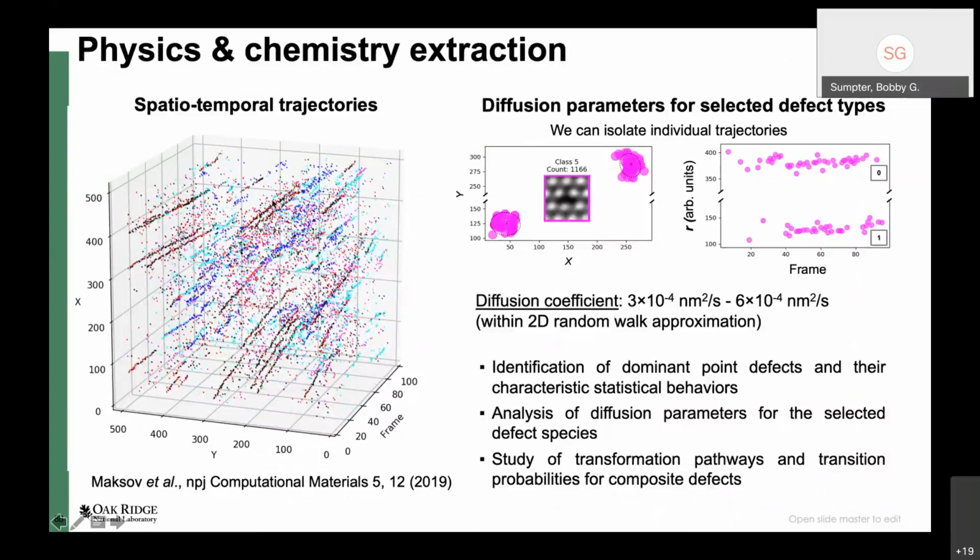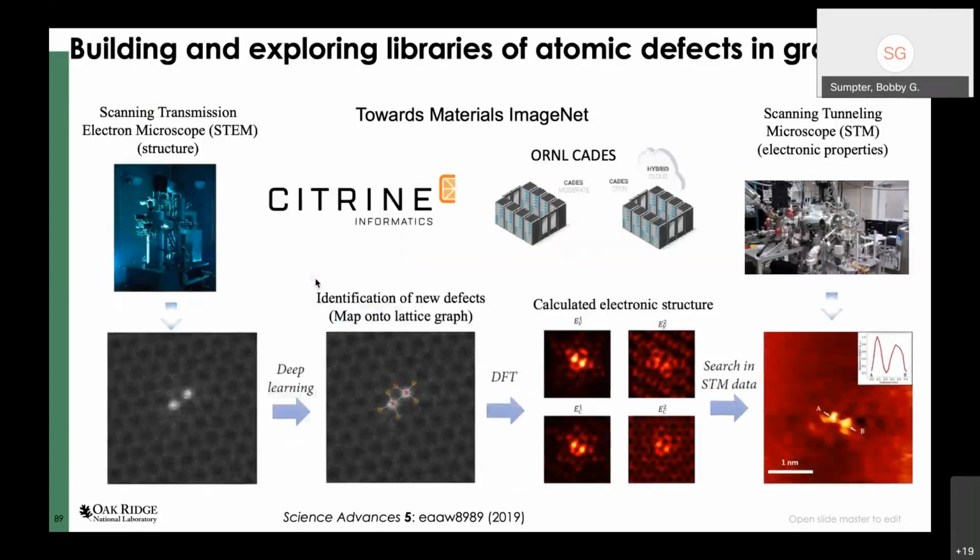Some of these defects don't move much. Some of them have a very mobile behavior, such as sulfur defects. We get diffusion coefficients and start understanding the full dynamics and full physics that underlie this process. So pretty neat, pretty exciting. We can just push that data directly into a database, and we've done that for the defects.